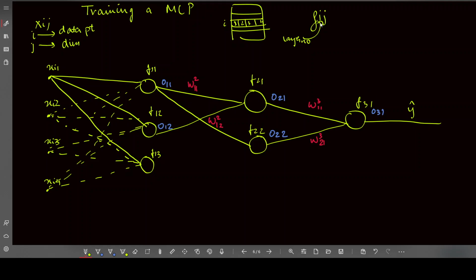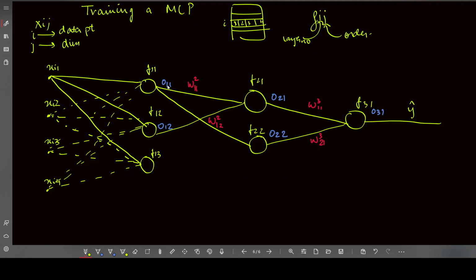So the first number in f, which is i, tells the layer number, and j basically tells the order of the function. Okay, so this is f11 because this is the first layer and this is the first activation function. It's on the top. f12 because it's the first layer and this is the second activation function, which is in the middle. And this is the first layer and this is the third activation function, which is at the bottom. So that's f13. Okay.